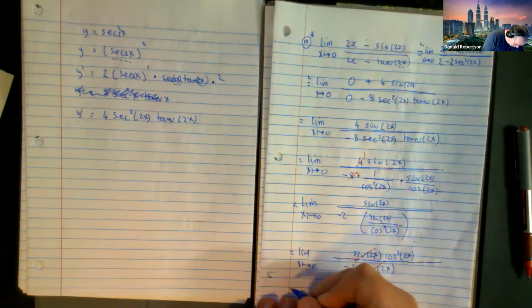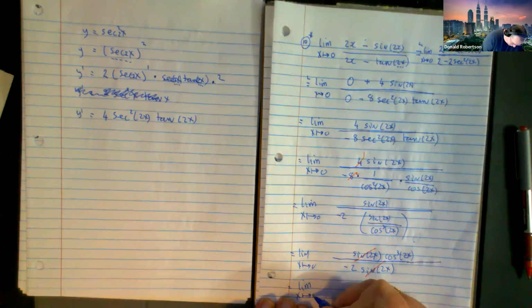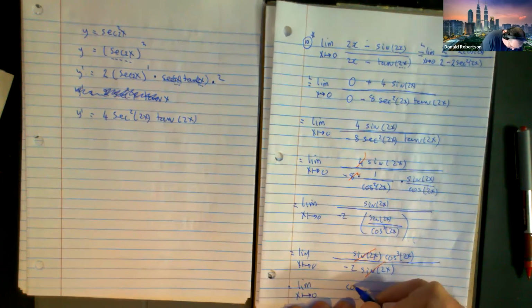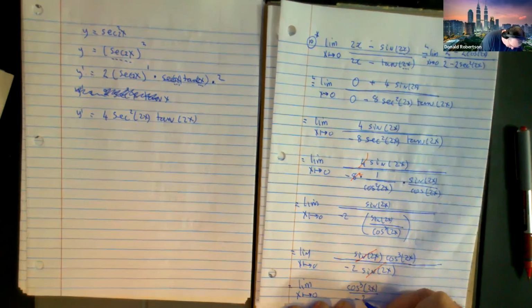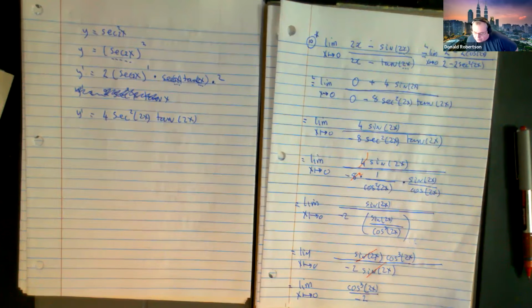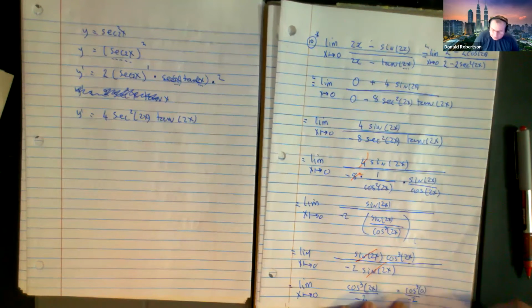And so we are now going to be looking at the limit as x tends to 0 of cosine cubed 2x over -2. And if you put 0 in here, you get cos cubed of nothing over -2.